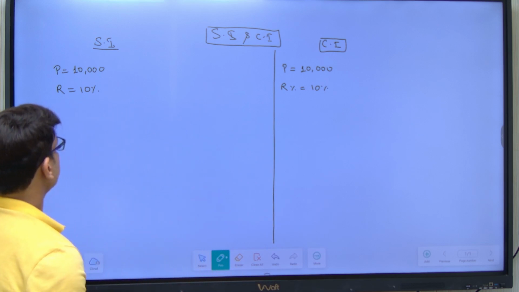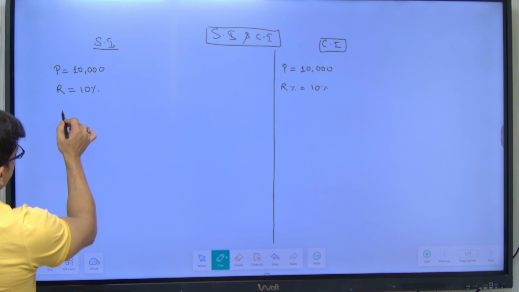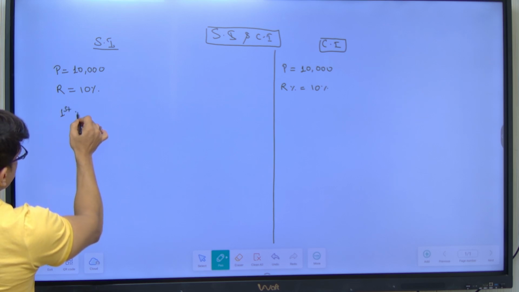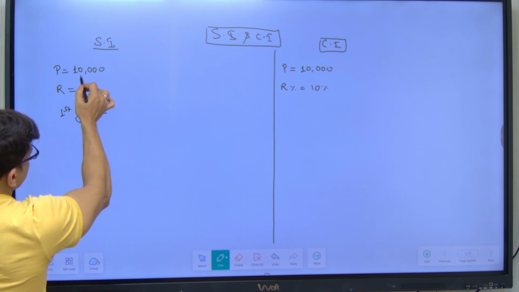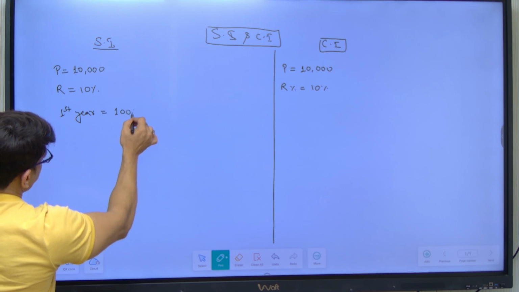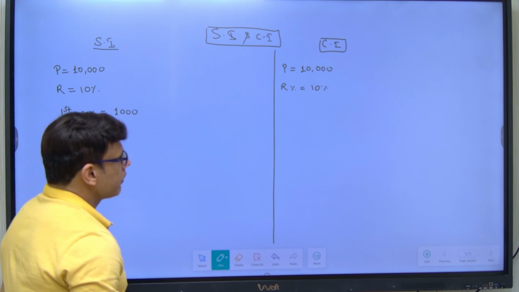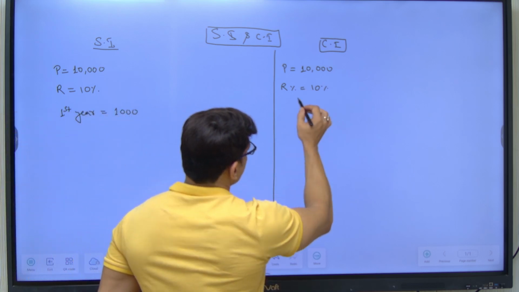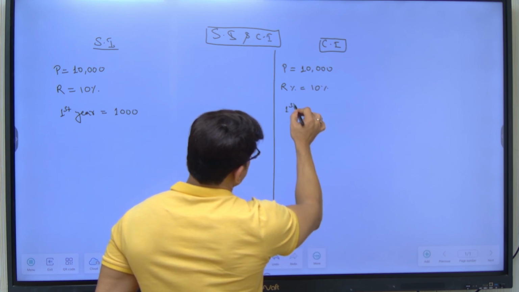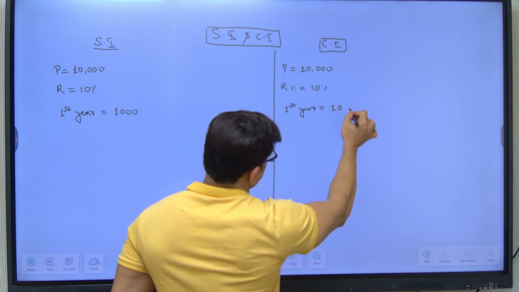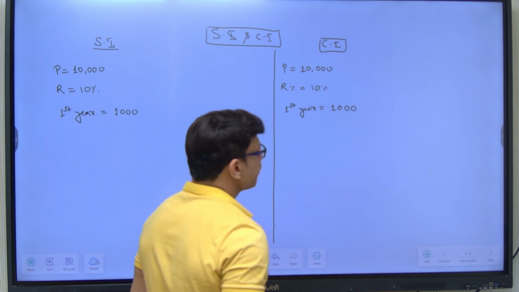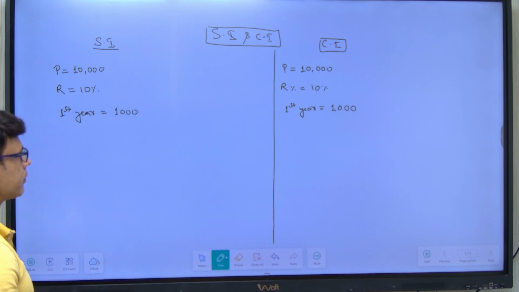When you go to the first bank at the end of the first year, the bank will give you 10% on this, which is 1,000 rupees. At the compound interest bank, at the end of the first year, since you have invested 10,000, you will also get 10% of that, which is 1,000 rupees.